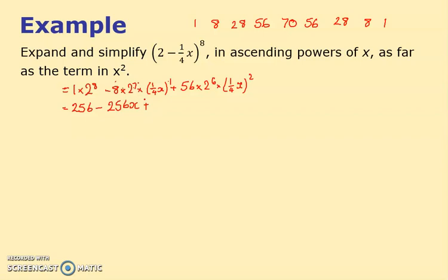And I've got to do a quarter squared, which is effectively like a 16th times by a quarter squared. I get 224. 224x squared. And I think it said up to the term in x squared, and I've got up to the x squared term, so I think that's it. Yes, it is. That's right, perfect.